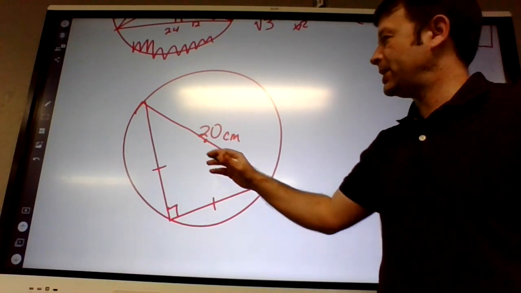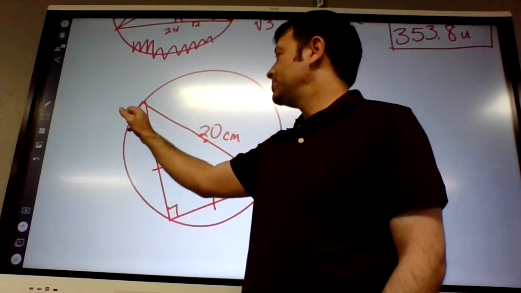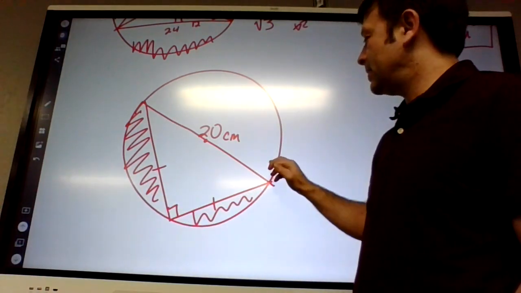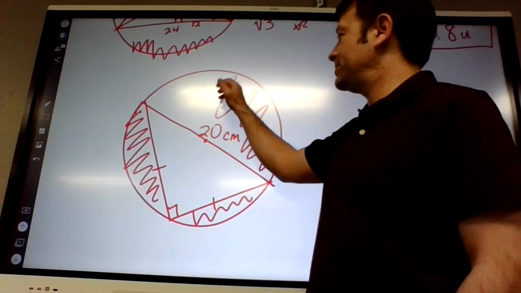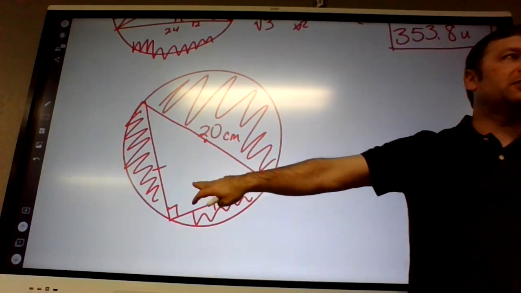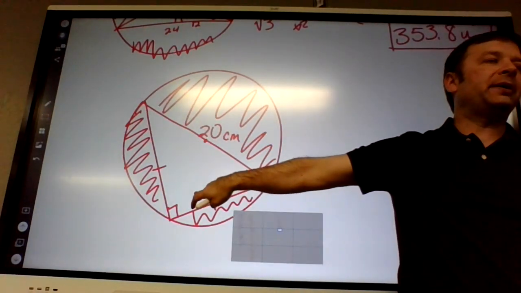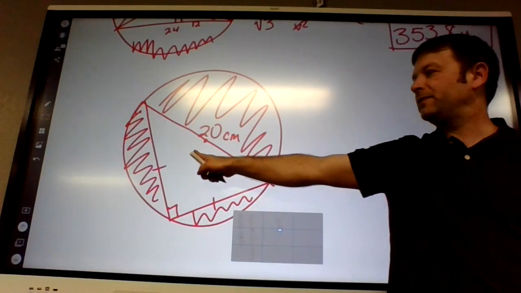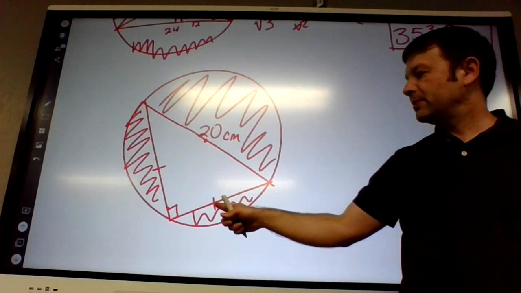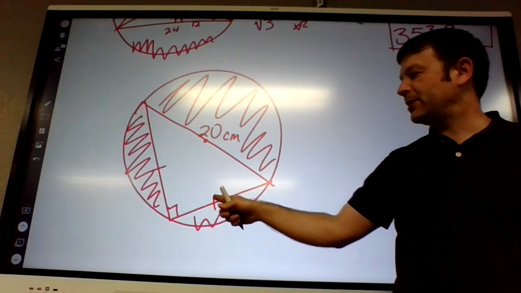So the shaded region is outside the triangle again. Mine was 40. This triangle is a little bit easier though, because it's a right triangle. What kind of triangle do we have here? Right, because the legs are the same length.